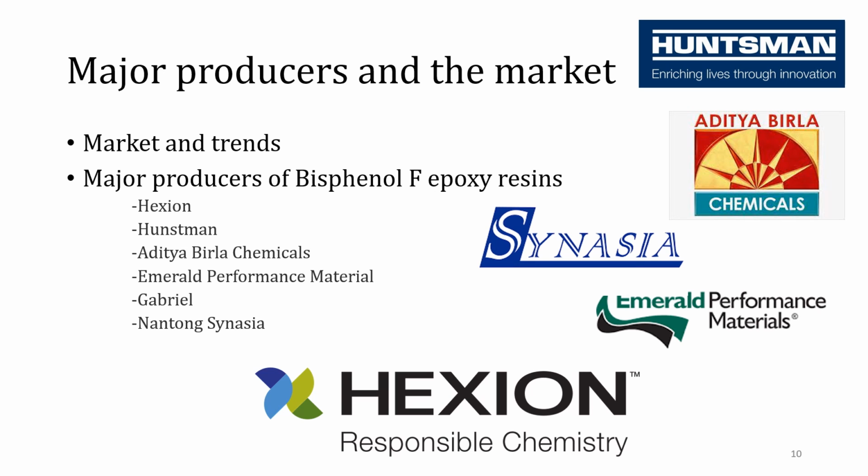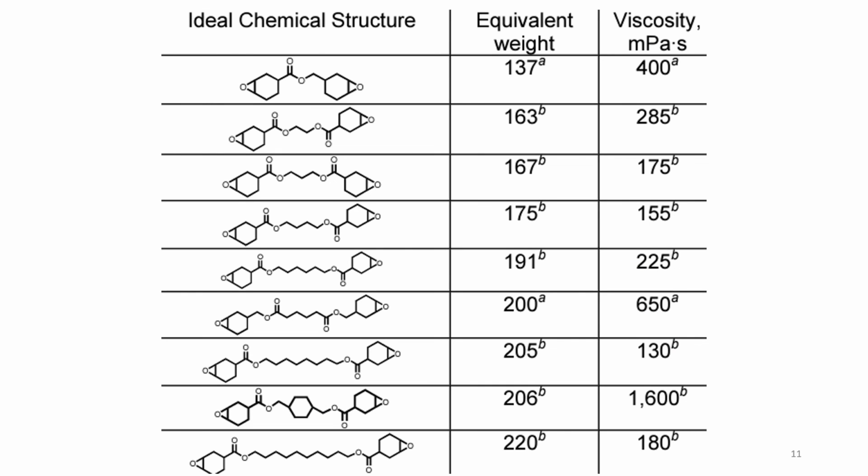The major players in the market are Hexion, Huntsman, Aditya Birla Chemicals, and Emerald Performance Materials. Here you can see a list of cycloaliphatic products with their chemical structures, equivalent epoxy weights, and their viscosities.